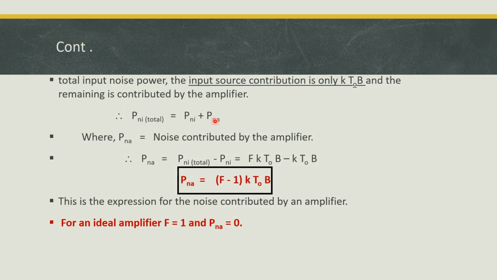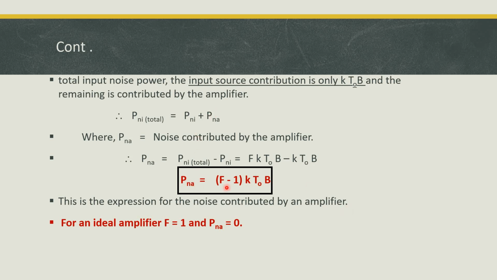Now we need only PNA. So PNA is equal to total minus the source contributed noise. Substituting both, we get the amplifier noise power PNA equal to (F minus 1) K T0 B. So this is the expression for the noise contributed by an amplifier alone.